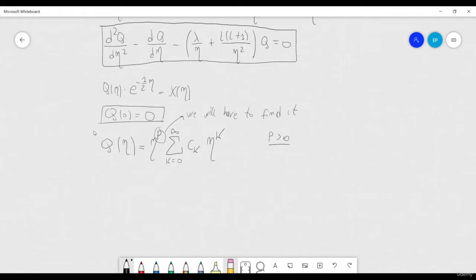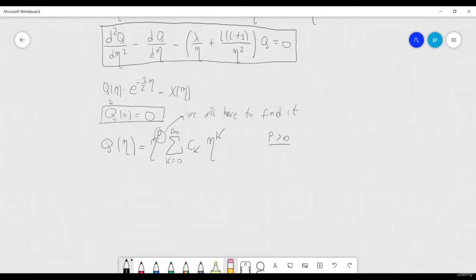And now, how do we make sure that this is a solution to our equation? Well, of course, we also have to find the right value of p, because we don't know that, but we have to substitute this expression into this differential equation, and then we have to see what happens. So this is the idea. We simply have to substitute it there.